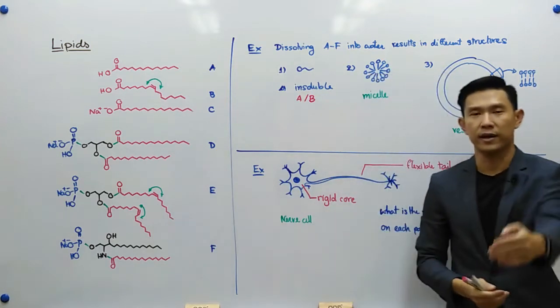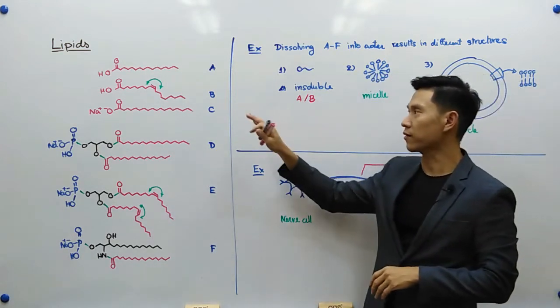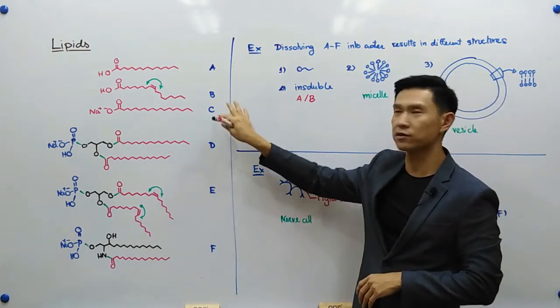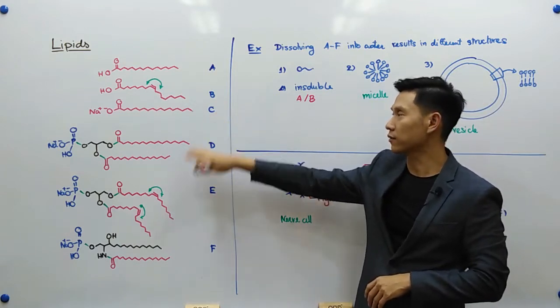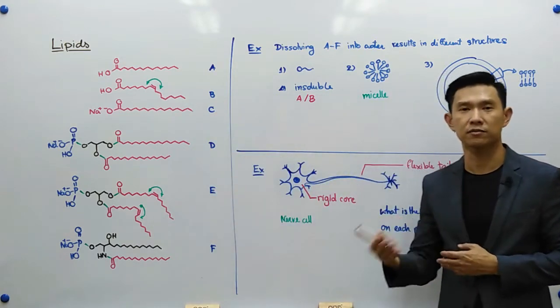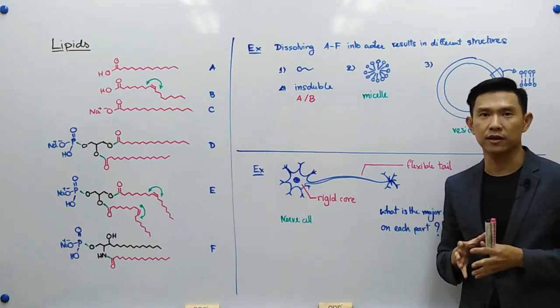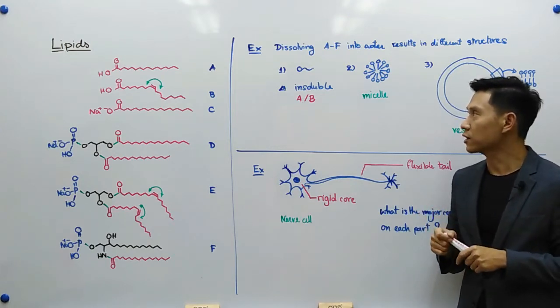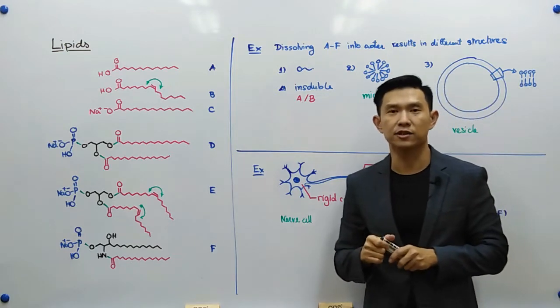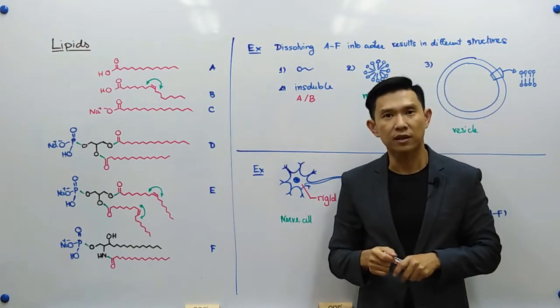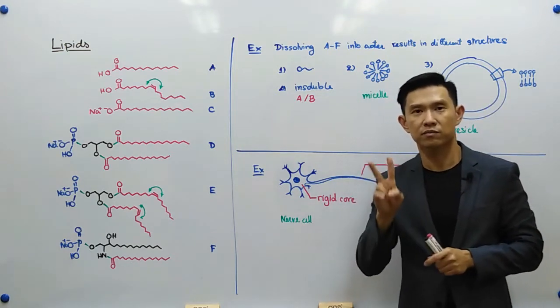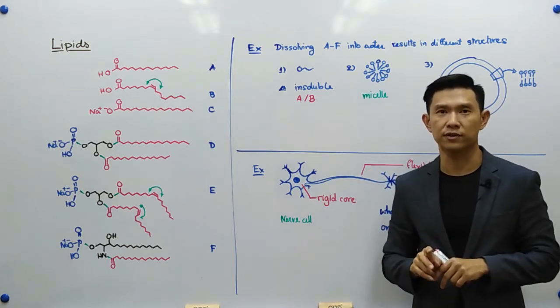If we think about A, as you can see, we have London force on the right hand, very long, and on the left hand, you can have hydrogen bonding. So normally they just pack themselves up together as a solid. If we want A to be soluble in water, there are two possible alternatives.